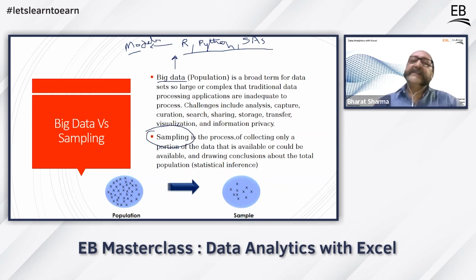I have a module on sampling, but I do not have too much time at hand to run you through different sampling techniques. But rest assured, there are sampling methods which we use to pull out data from the population for our analysis purposes. So when it comes to Excel, we rely on samples, not on big data.